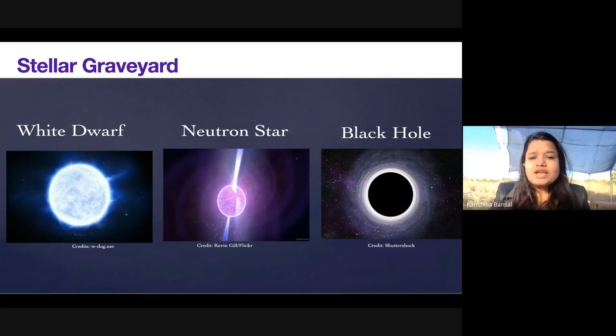As I said, depending on the mass of a star, it can die in various ways. So to begin with, the Sun. The Sun is a low mass star, with a mass of about 2 times 10 to the 30 kg.